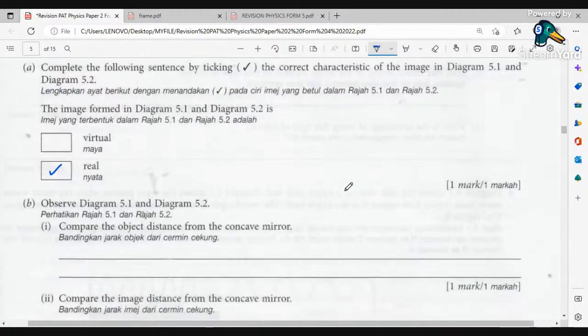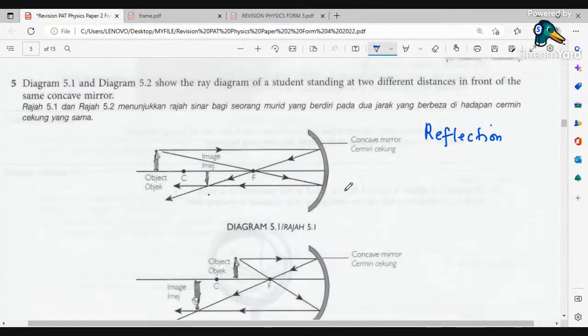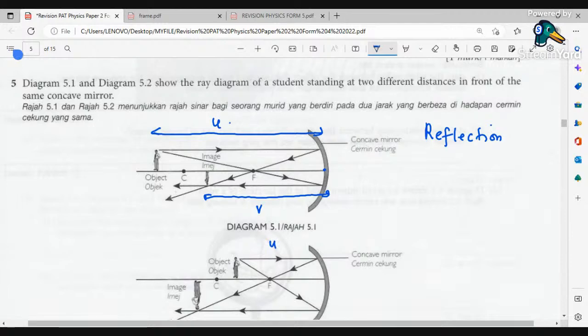B, B1, compare object distance from the concave mirror. Mana satu object distance? Okay, daripada concave mirror to the object. So ini ialah U. Image to the mirror, ini adalah V. Okay, you tengok U dia. Ini dia punya U untuk 5.2.